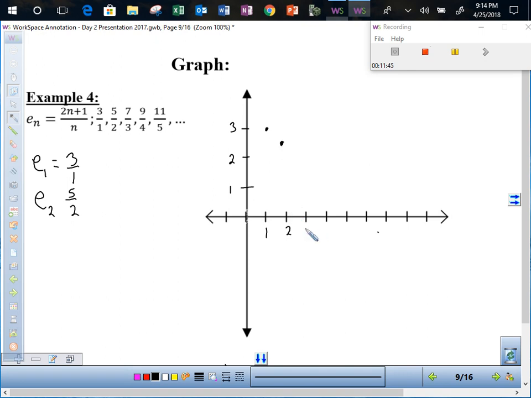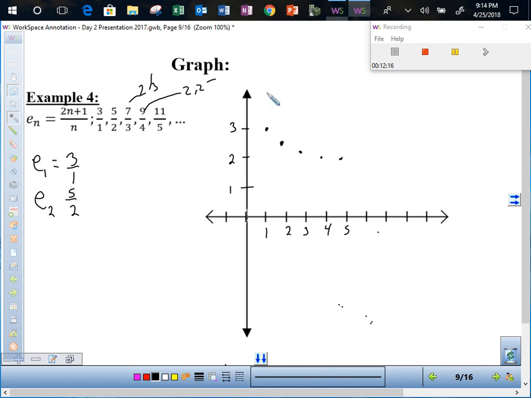The value of my third term was 7/3, which is 2 1/3, so 2.33333. The value of my fourth term is 9/4, which is 2.25. The value of my fifth term was 11/5, which was 2.2.